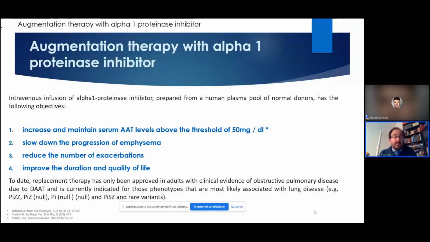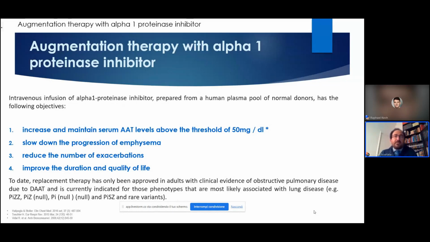Augmentation therapy is able to increase and maintain the serum alpha-1 antitrypsin level above the threshold we have already mentioned of 50 milligrams per deciliter.